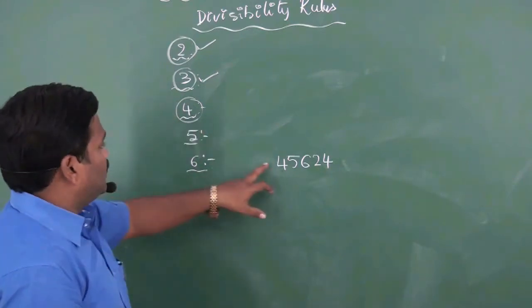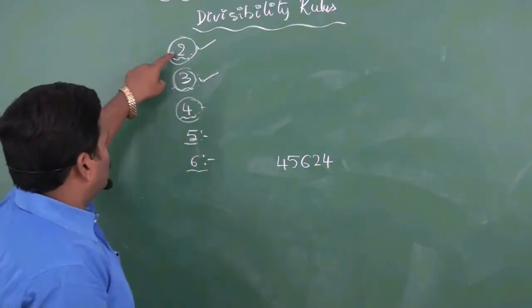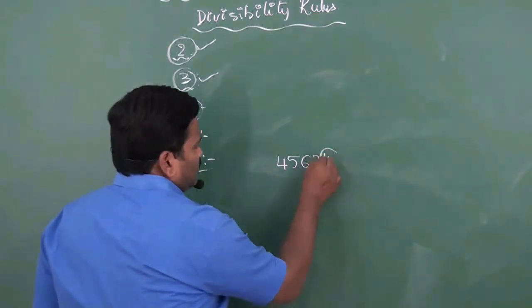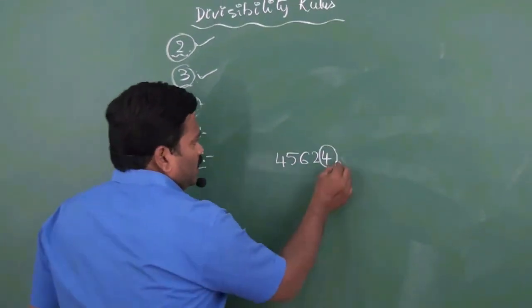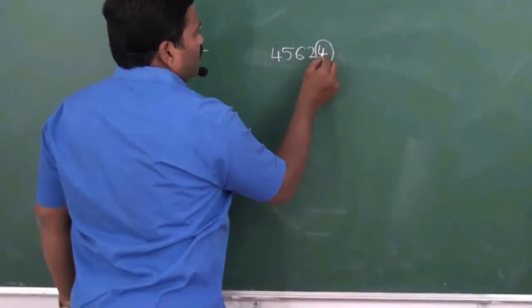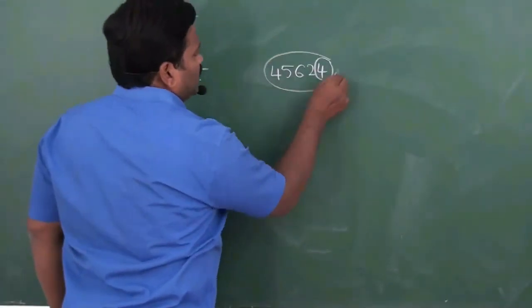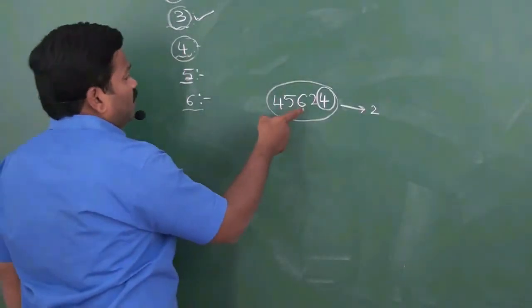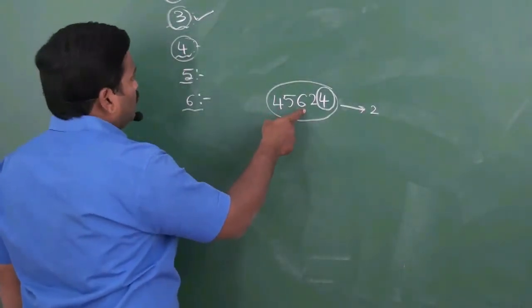Let us check whether this number is divisible by 2 and 3. If you observe the last digit, it is 4. It is an even number, so this entire number is divisible by 2. Let us see whether this number is divisible by 3 or not.